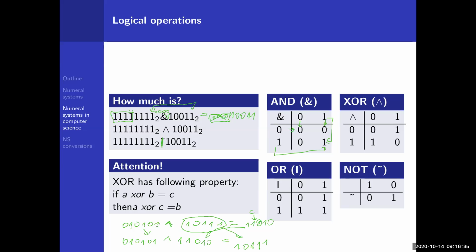They give me C values, a string of C values. And then when I want to decode the information, I need to take this secret key and perform the XOR operation again, and I get the real value.